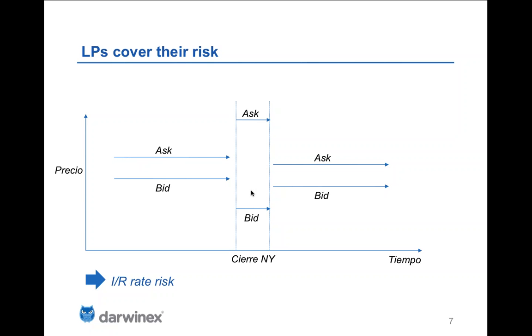And for 5 minutes, they just price very, very widely. That's essentially the reason why there's no interbank market for those 5 minutes, and the reason why, for instance, at DarwinX, the spreads widen so dramatically. That's really all there is to it.